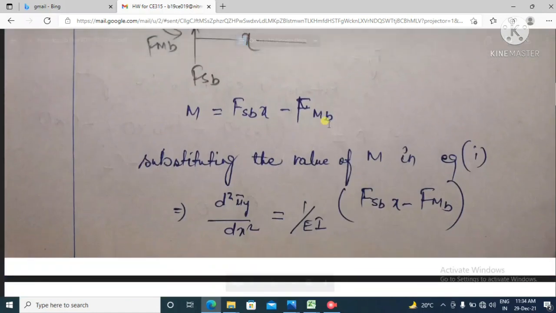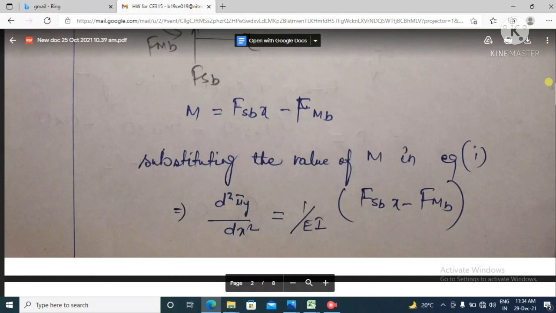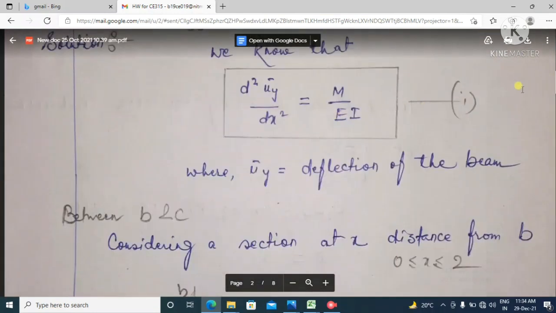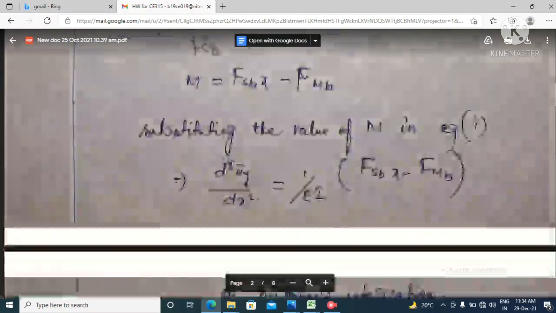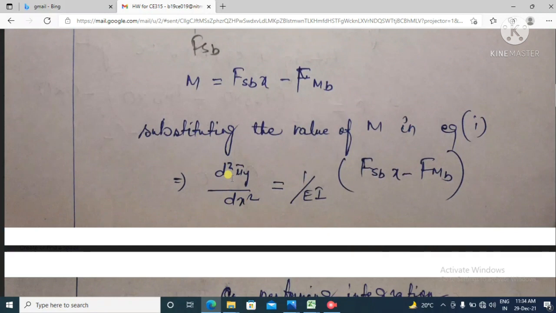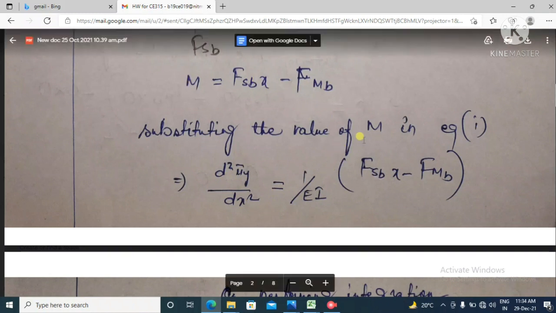And we will substitute this value of M in equation 1. Whatever I have discussed here, we will substitute the value of M in this equation only. So after substituting, we will have d2Uy by dx square is equal to 1 over EI, and in place of M we are substituting FSB x minus FMB.